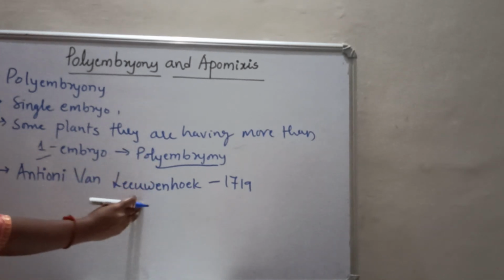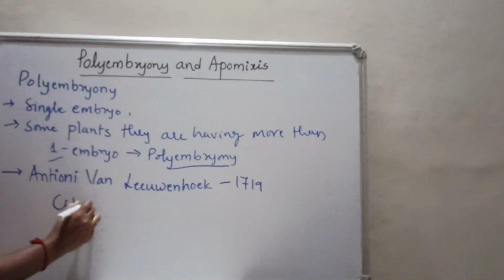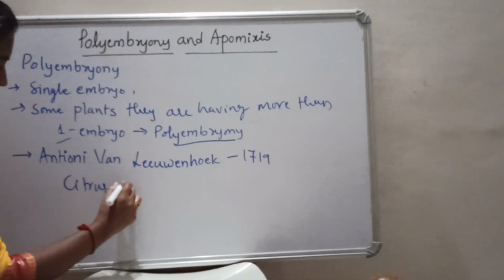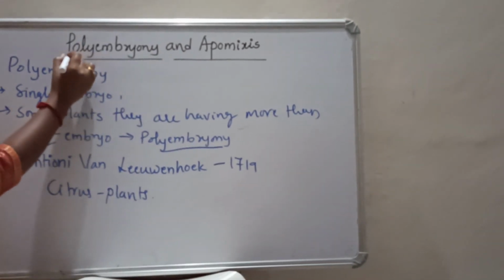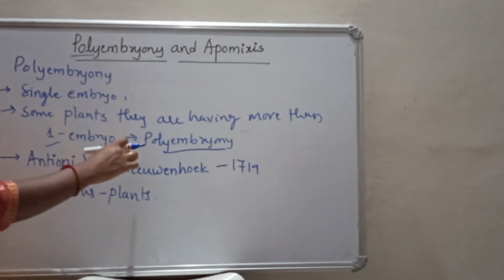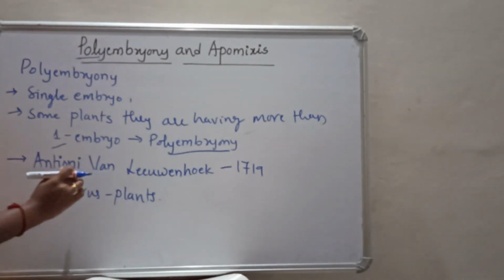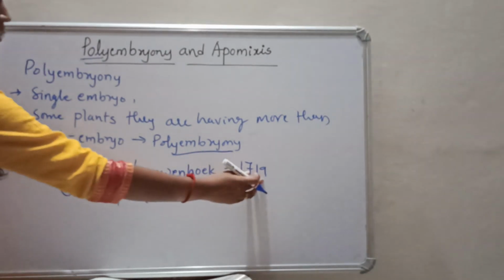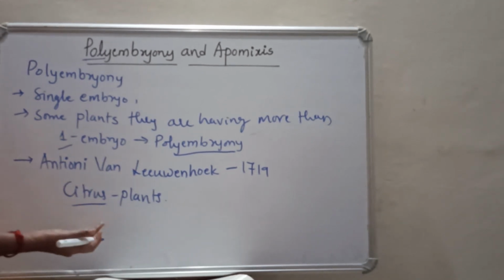It was first observed in the citrus plant. Poly means many, more than one. Seeds which have more than one embryo show polyembryony. In 1719, he observed polyembryony in citrus seeds.